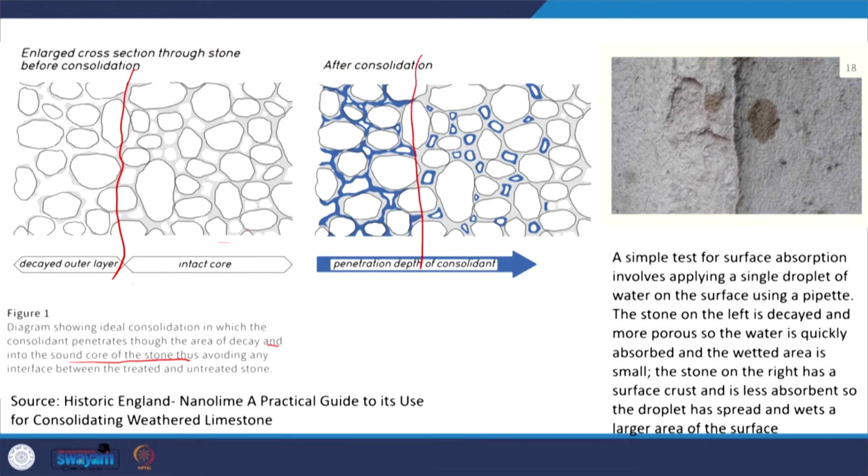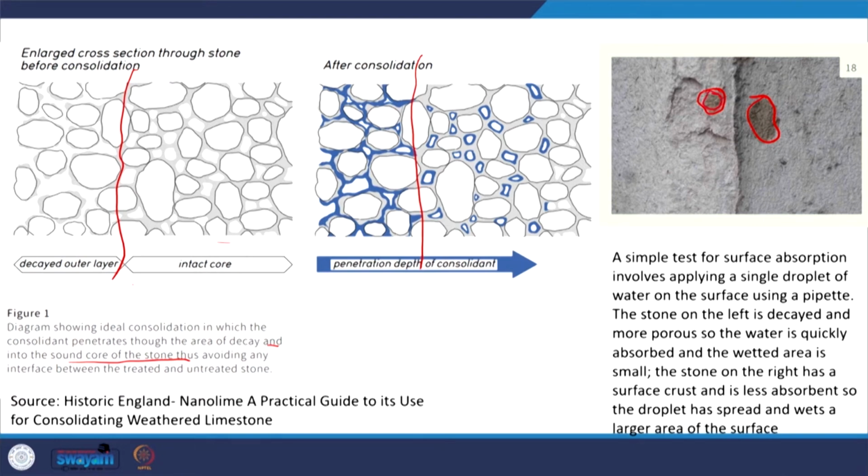So there are many other tests. I'm just giving an understanding of one type of test, the surface absorption test. Here you put a single droplet of water on the surface using a pipette, and you can see these two vary, because the stone on the left is decayed and has become more porous, so the water has absorbed into it and the wetted area is very small.